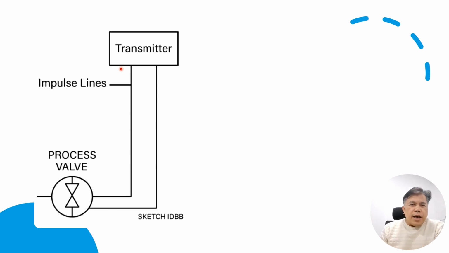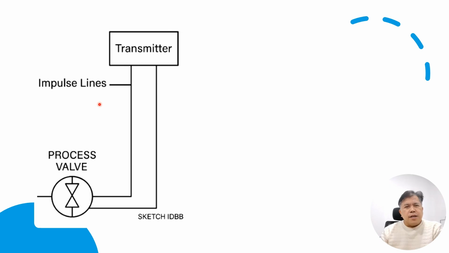So in the particular hookup drawing, and at site also in the erection area, you can see where the high point or low point is based on the installation. You need to know about these kinds of information. So what are HP and LP?